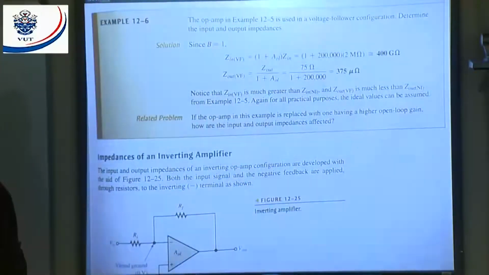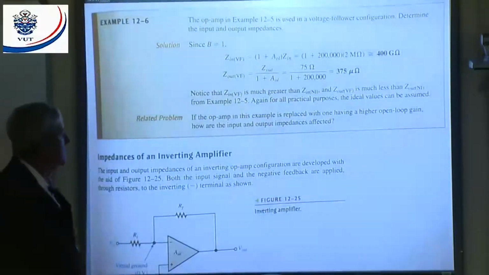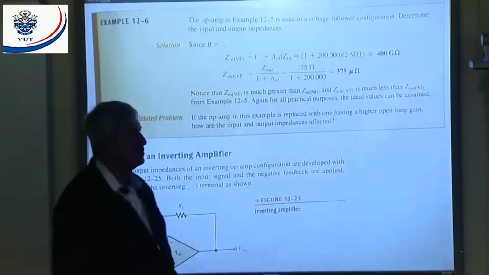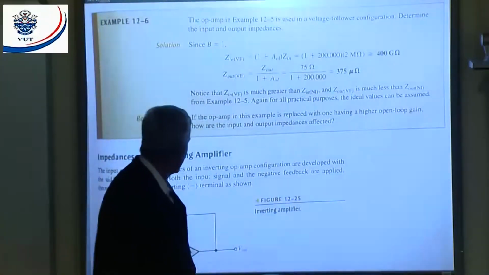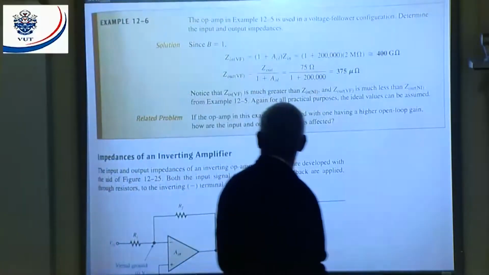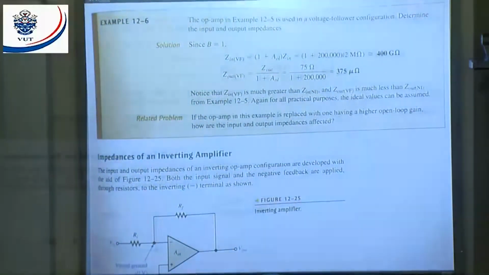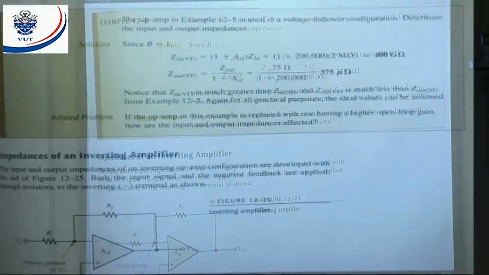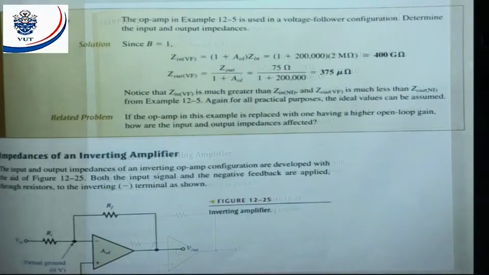But my input impedance, now you must remember, I've told you, if my reference is 0 here, the op-amp will always try to make the voltage difference equal to what? 0, all right. That means this point is going to be at virtual ground. Now, if I'm looking into this device, what will my input impedance be?